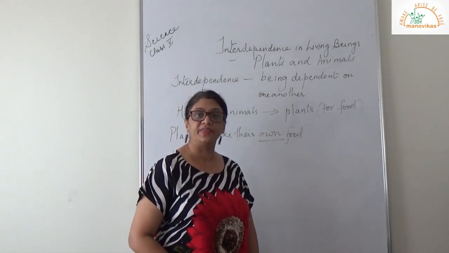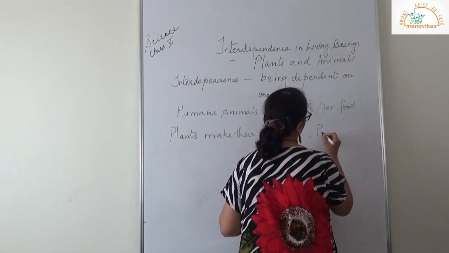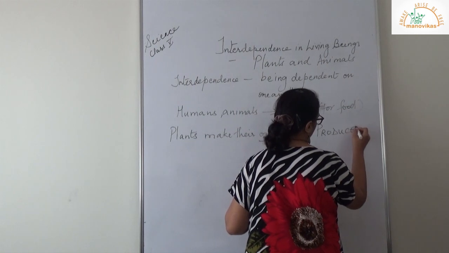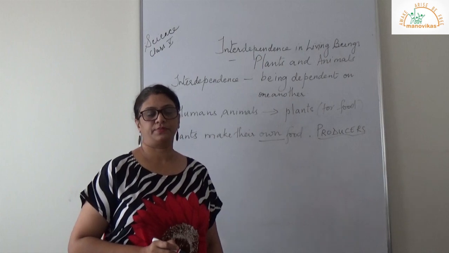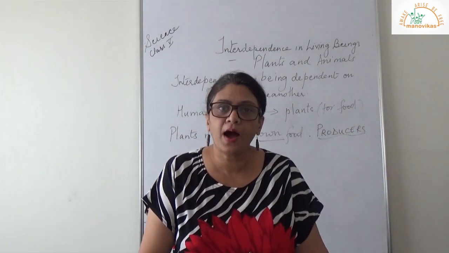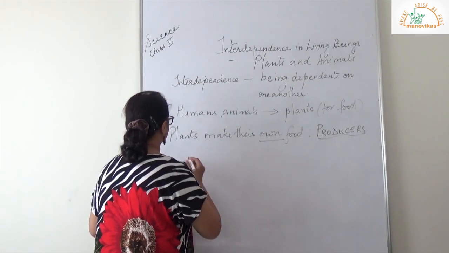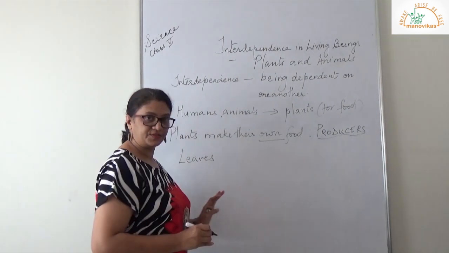That is why they are called producers. What are they called? Producers. Okay? Now, which part of the plant makes food? I think you know it. It is the leaves.